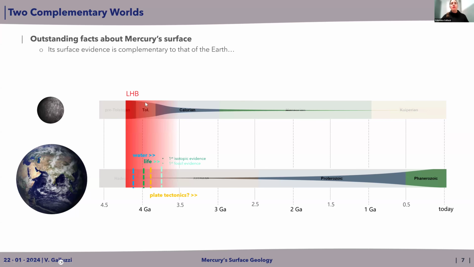So let's have a look at Mercury in comparison to the Earth. We can see from this scheme where you have the several eons and ages of Mercury, you can see that what we know about the planet is complementary to what we know about the Earth.